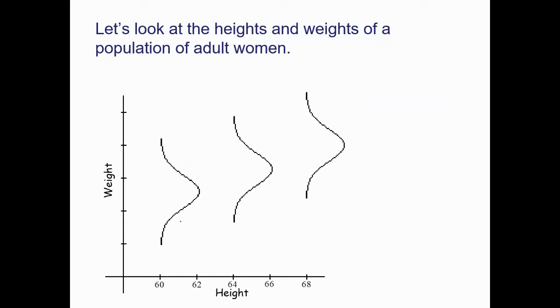And if you looked at the mean at each of these, and then connect the dots, you would have your regression line. So if I looked and said, okay, here's 60, the mean is right here. 64, the mean is about right there. 68, the mean's about right there. Connect those 3 dots, you have your regression line.